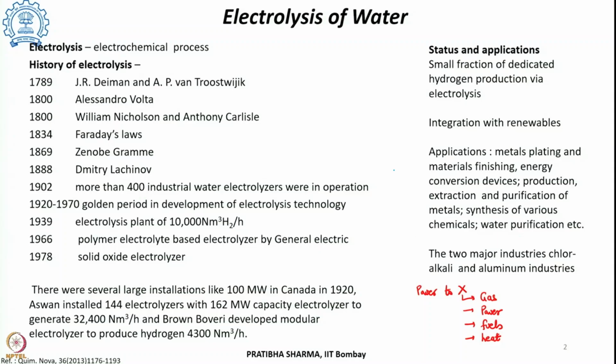How much percentage of hydrogen is produced through electrolysis? Can anyone answer? 0.03% of hydrogen is produced by the electrolysis process.